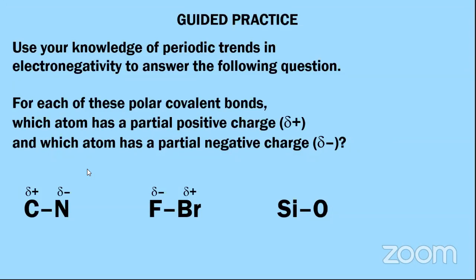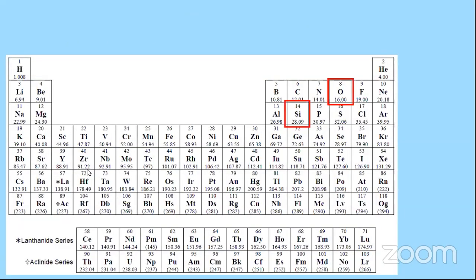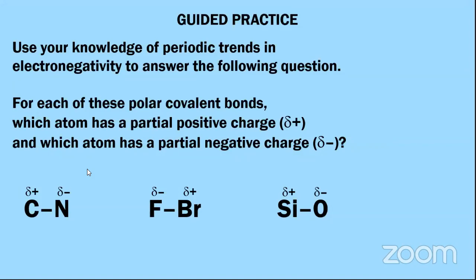Now we have silicon and oxygen next. They are not in the same period or in the same group, but can we still use our understanding of periodic trends and electronegativity to decide which element is more electronegative? So here we see that oxygen is further to the right in the top right corner. So oxygen is more electronegative than silicon and therefore would get the partial negative charge.